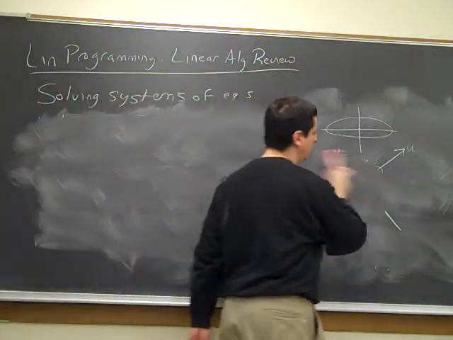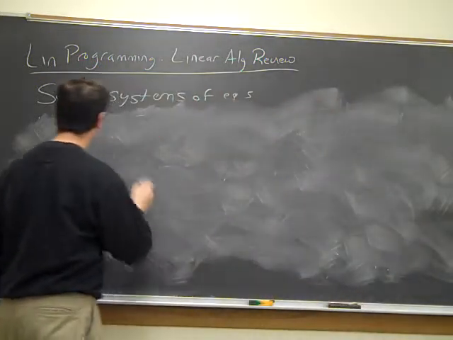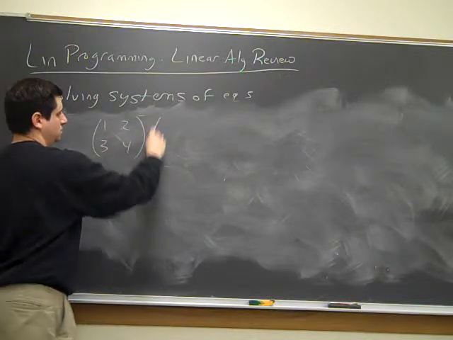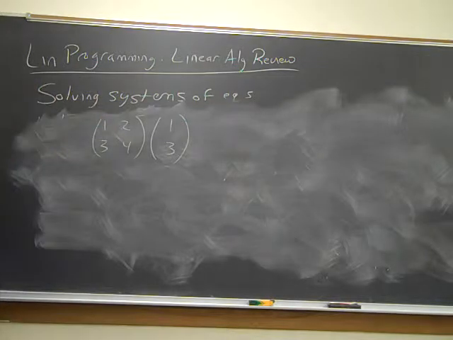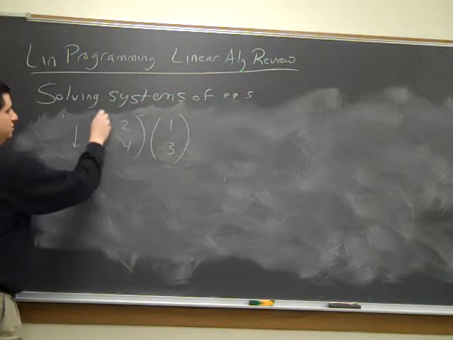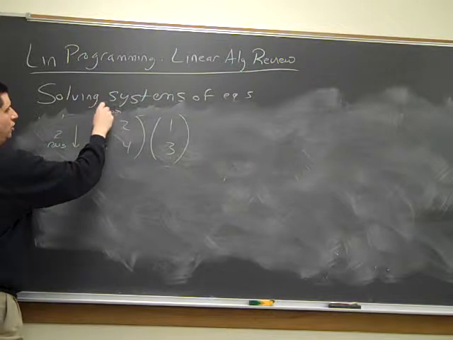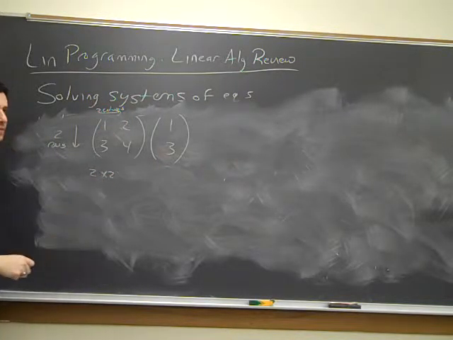The last thing I want to talk about briefly is multiplying matrices. So let's say I give you two matrices, 1, 2, 3, 4, and 1, 3. So not all matrices have to be the same size. This matrix has two rows and two columns, so we call this a 2 by 2 matrix.